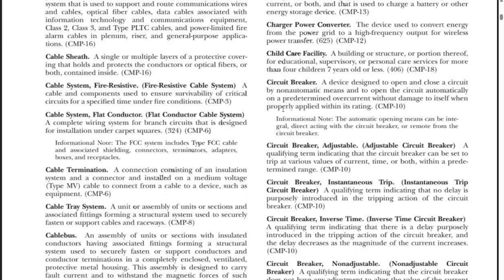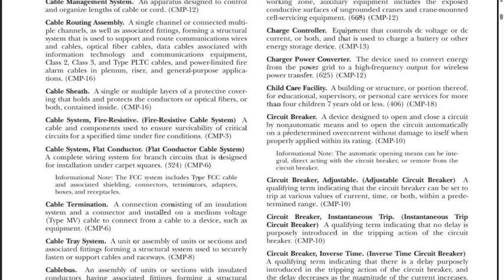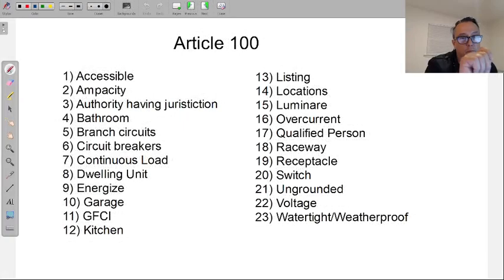So first, let's read the definition of what a circuit breaker is. A device designed to open and close. This could be on or off, or that word that you'll hear a lot used called trip. When the breaker trips, T-R-I-P-S, this means the breaker has opened, because the close part is when you turn on the breaker.